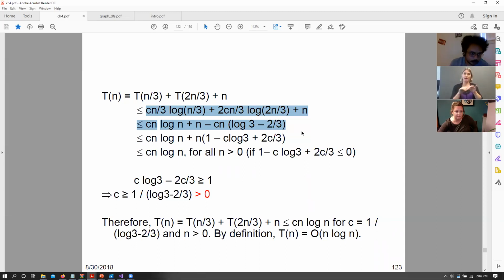Type in the answer. Let's pick Kavyashri. Kavyashri, tell me how I got from the second equation to the third equation.